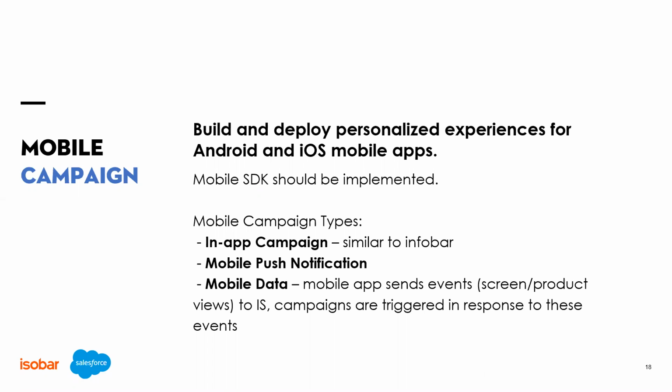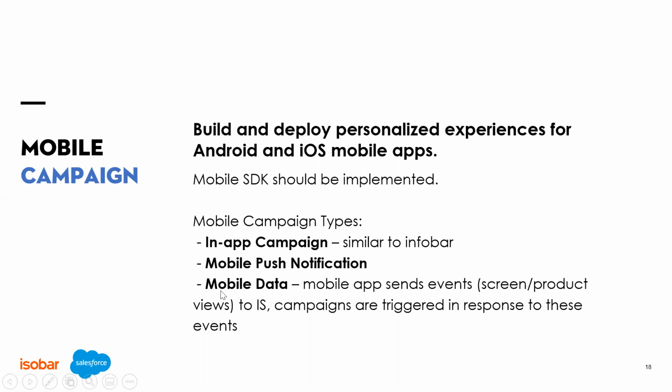So there are two ways of delivering push notifications. If you have it set up in Mobile Studio, you can use the audience from Interaction Studio and immediately send pushes from, let's say, Marketing Cloud. Or you can bring in push notifications directly from Interaction Studio.